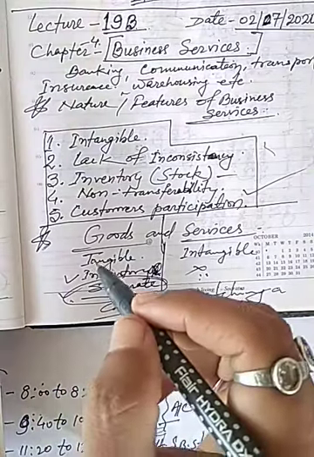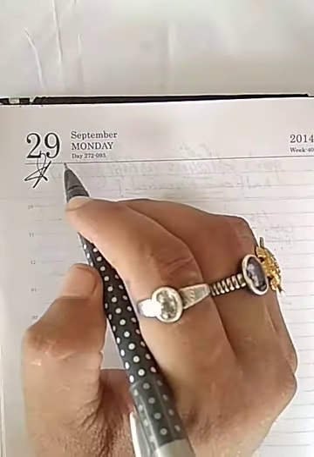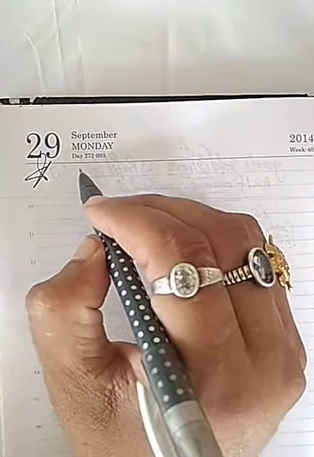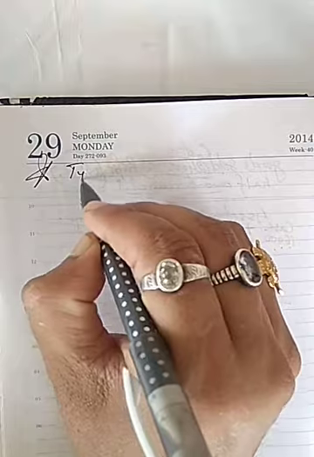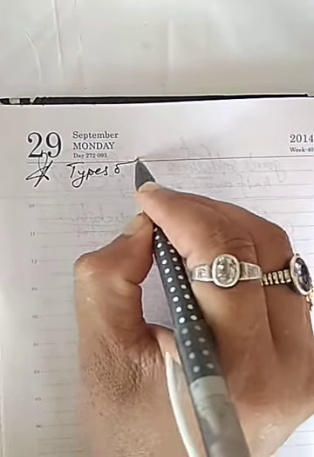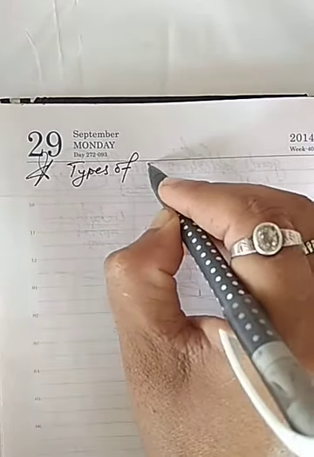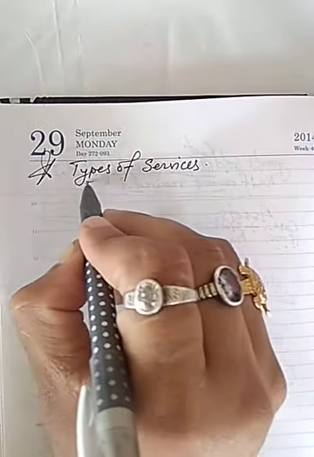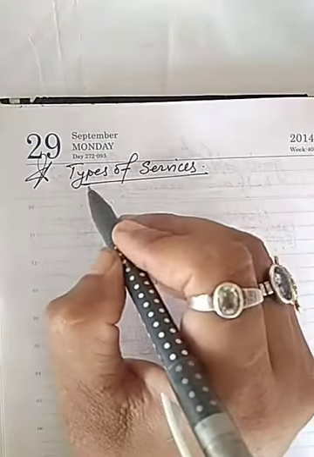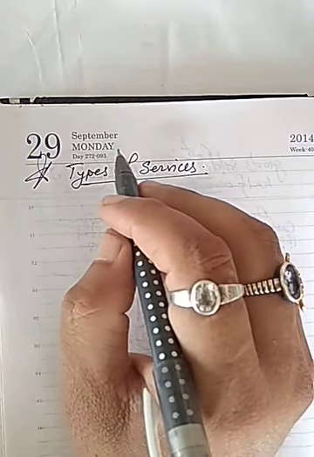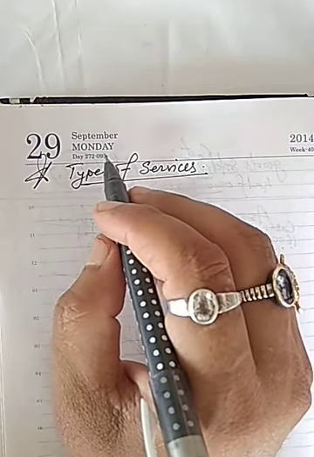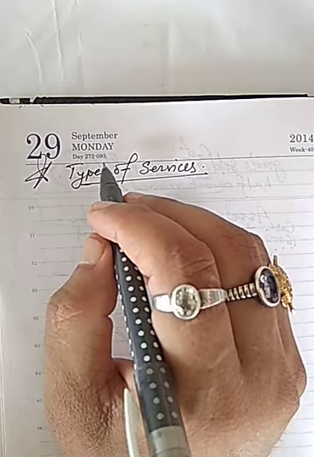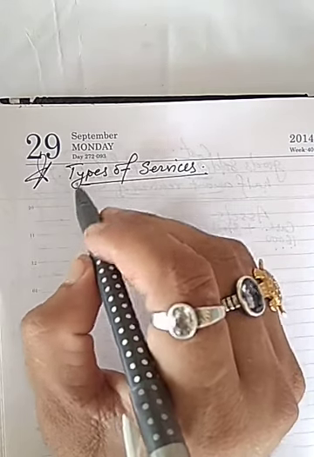Now the next point is types of services. So there are three categories or three types.